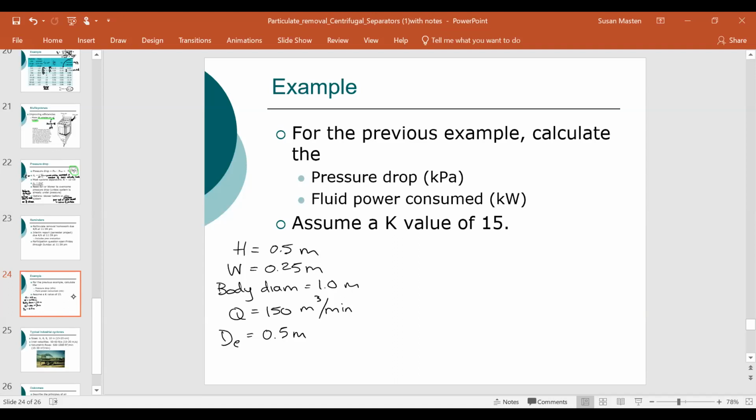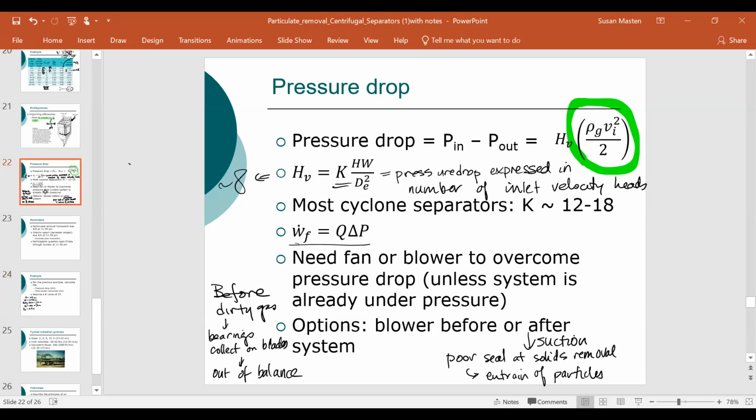So we had previously mentioned, going back to this slide here, that the pressure drop is a function of this term H_V, which describes the pressure drop expressed in the number of inlet velocity heads.